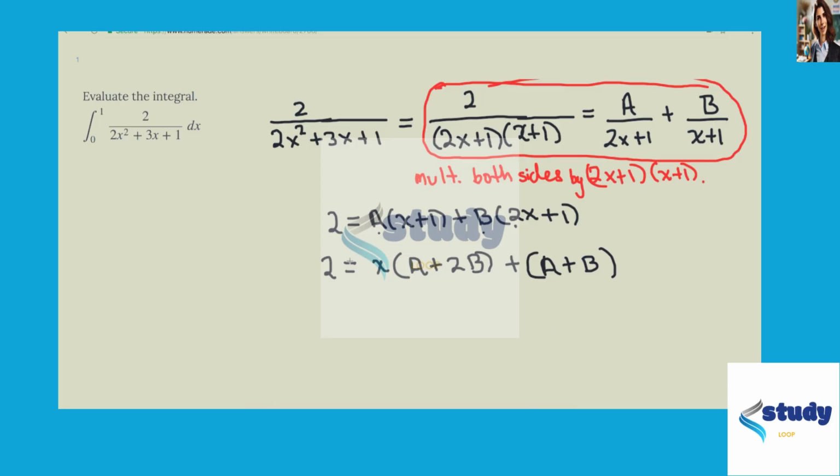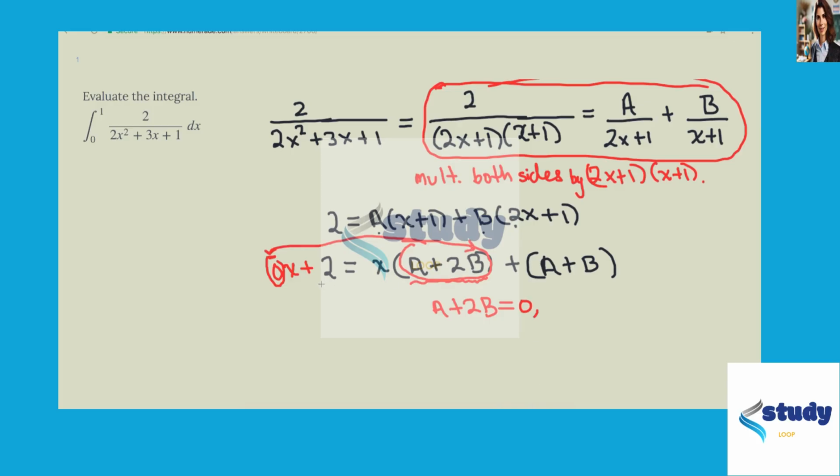So on the left-hand side, we see that there is no x term, or if you want, 0x. So that means the coefficient of x on the right-hand side has to also be 0. So if you want, you could add a 0x to the left-hand side. That will not change anything. And the coefficients of x must match up. And this is why A plus 2B has to be 0.